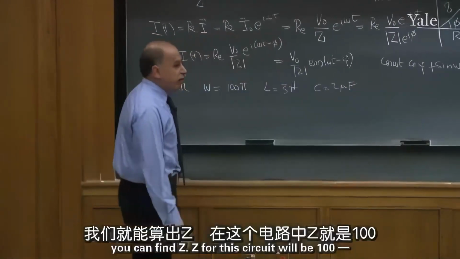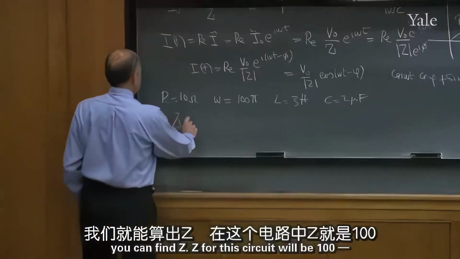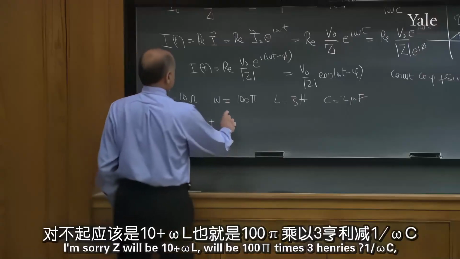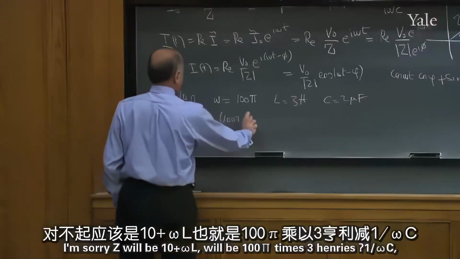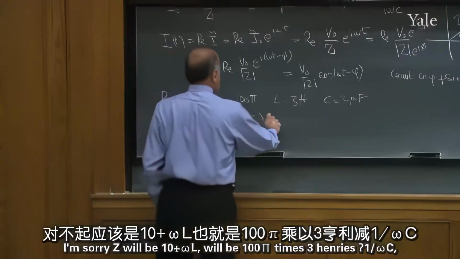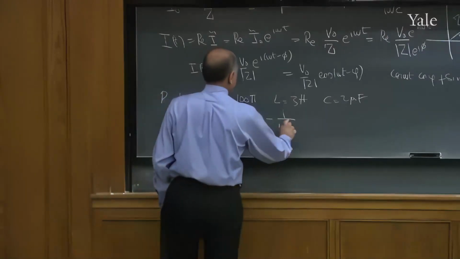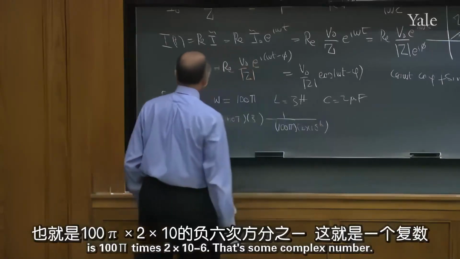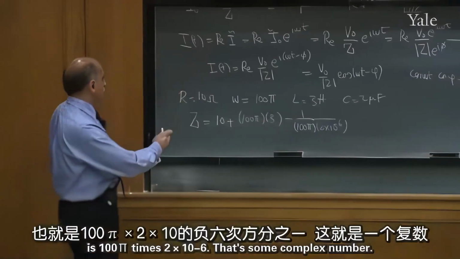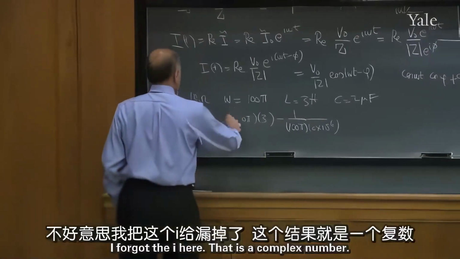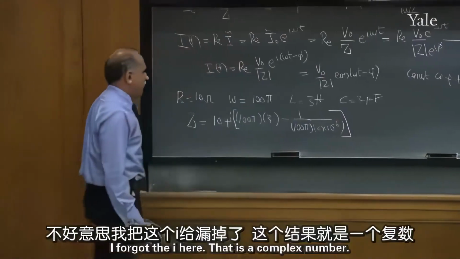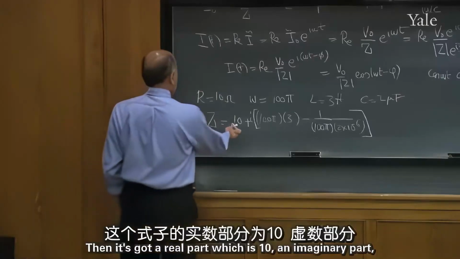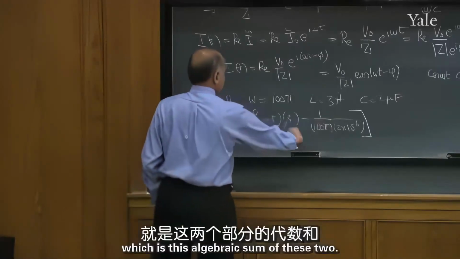You can find Z. Z for this circuit will be 10, plus omega L, which will be 100 pi times 3 henries, minus 1 over omega C, which is 100 pi times 2 times 10 to the minus 6. I forgot the I here. That is a complex number. I don't want to calculate it. It's whatever it is. It has a real part, which is 10, and an imaginary part, which is the algebraic sum of these two.